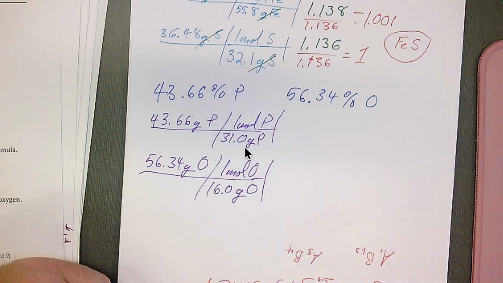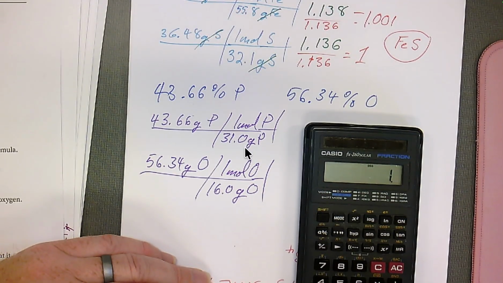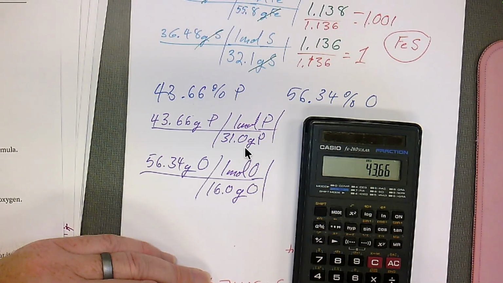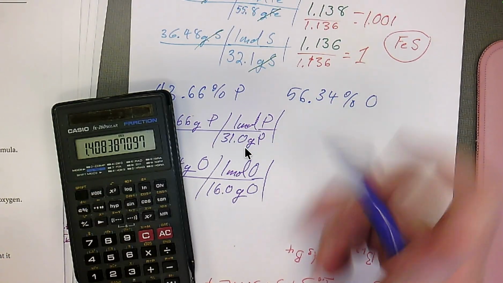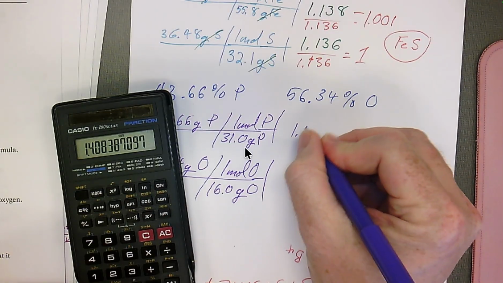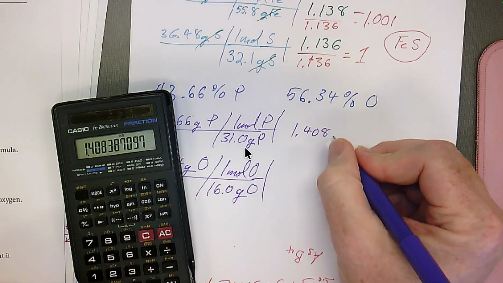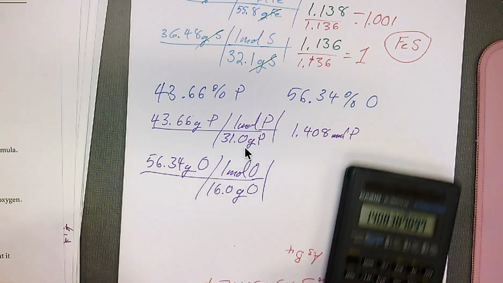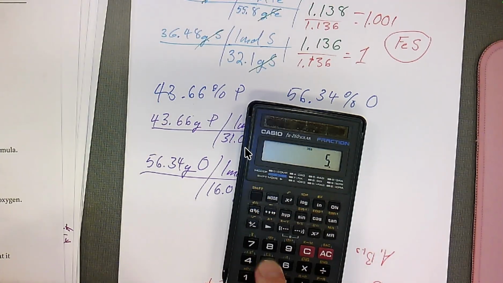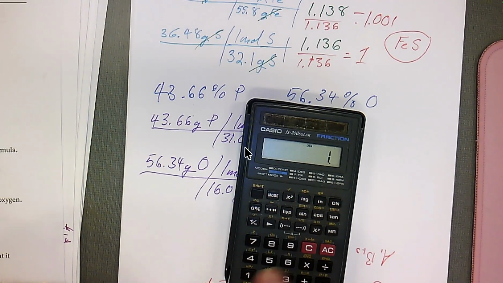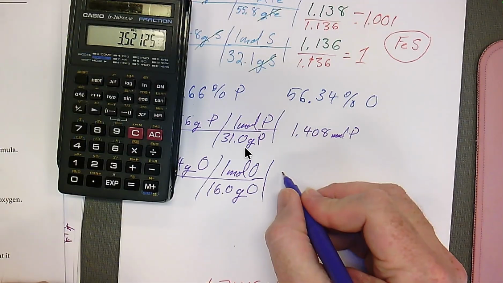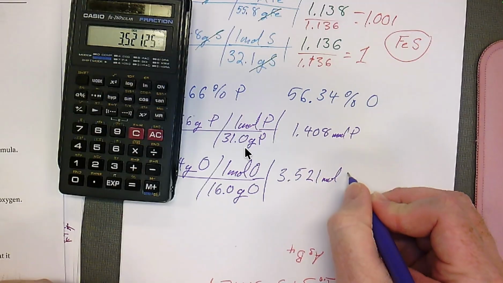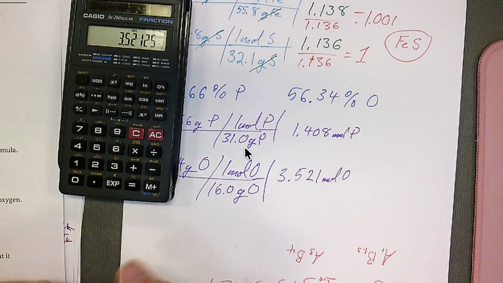So we take the 43.66 divided by 31, and we get 1.408 moles of P. And 56.34 divided by 16 is 3.521 moles of O.